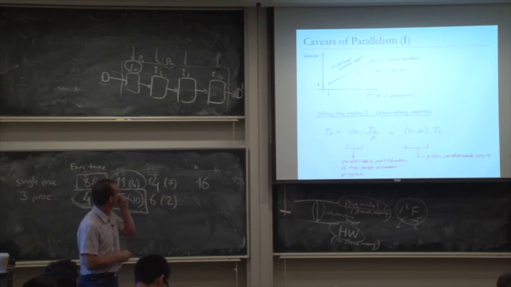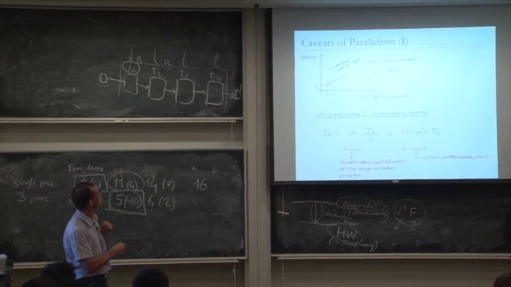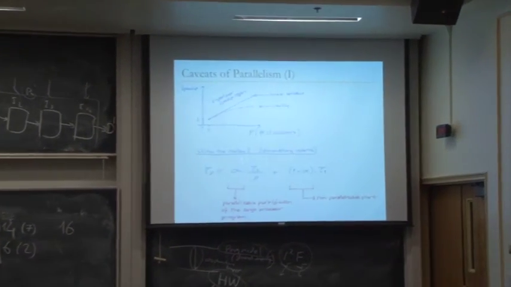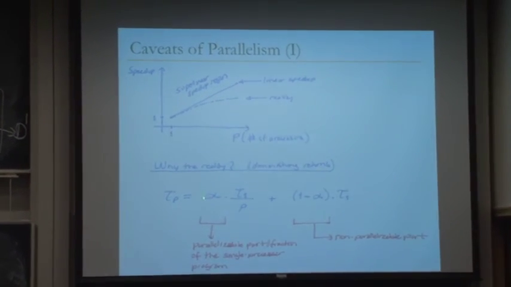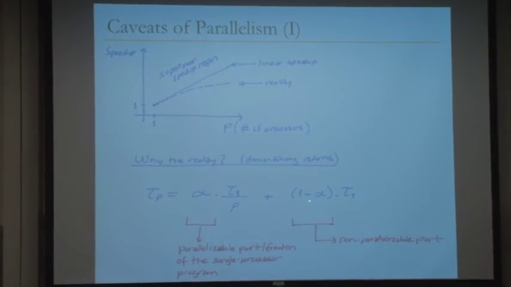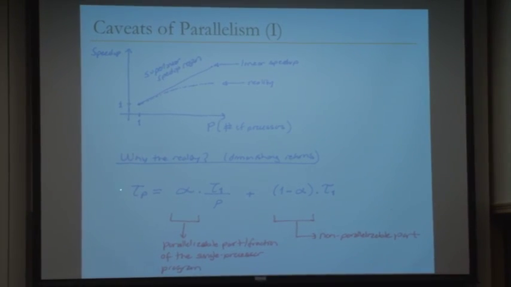OK, I think we've kind of discussed this. Well, I guess we didn't really discuss this reality very well. But in reality, one of the reasons you get sublinear speedup is this: this is Amdahl's law, if you will, written in a different way.